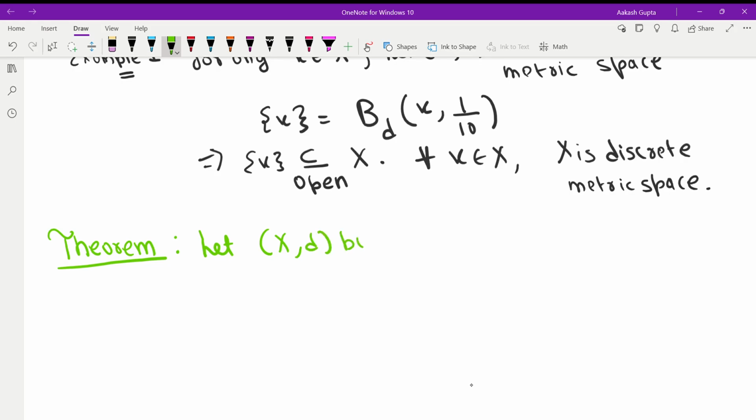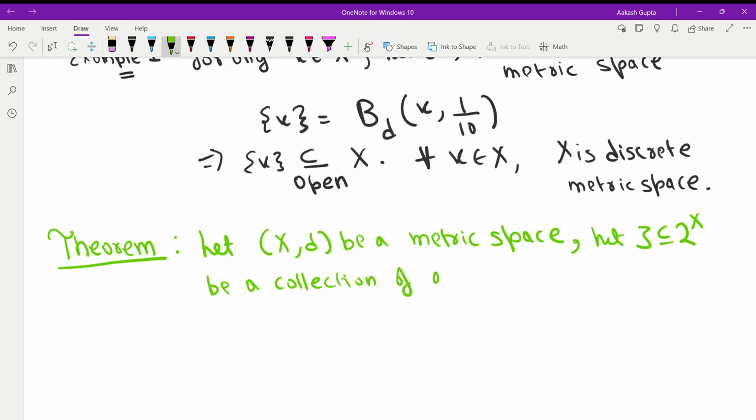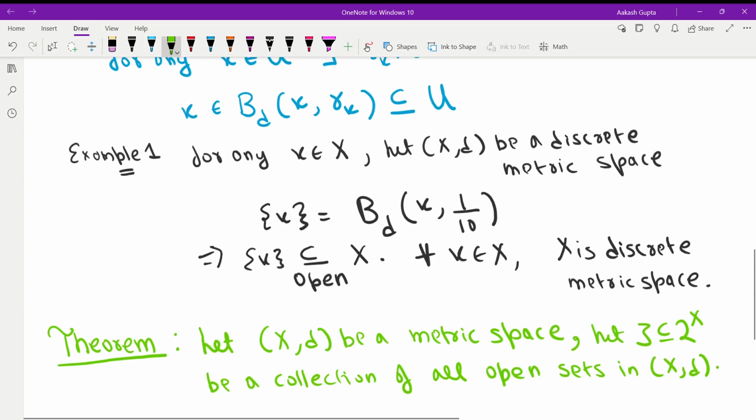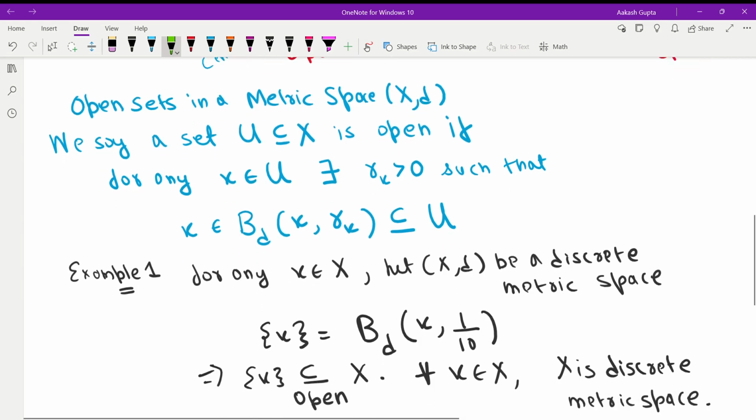Let X be a metric space, and let tau contained in 2 to the power X be the collection of all open sets in X, D. That is the definition of open set we have defined a little bit up.